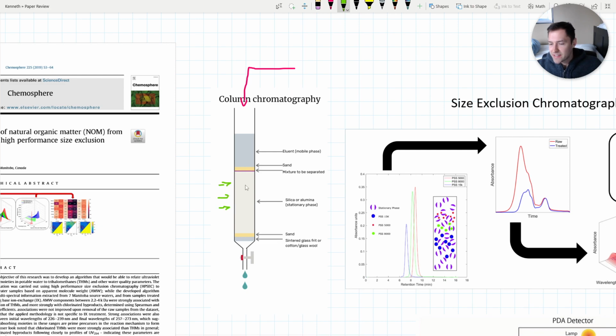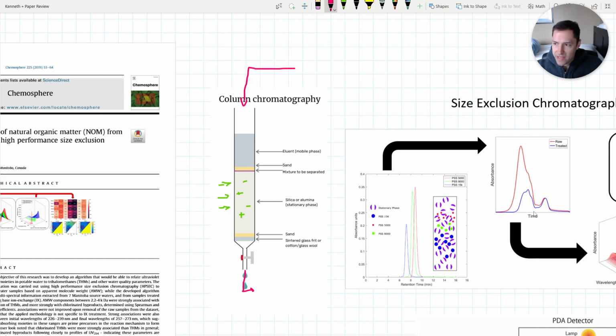What I mean by that is, if you're looking to separate compounds based on polarity, well, you'd have a largely positive or largely negative charge column, so that when you pass compounds through, they get attracted by the stationary phase, and then they elute out of the column at different times. So for that reason, depending on what your stationary phase is and your sample, you can separate compounds based on different properties.